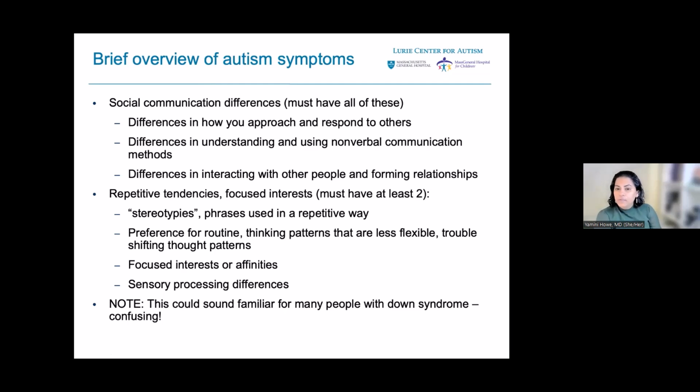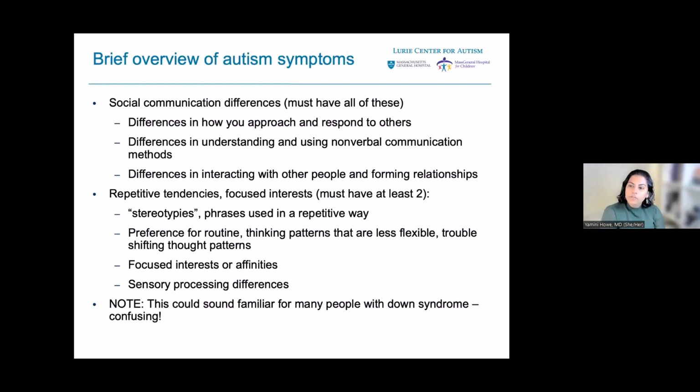Differences in interacting with other people and how you're able to make friendships for your developmental level. And all of these symptoms can, in general, be seen with people who have language disorders and intellectual disabilities, which is what can make this very confusing in different genetic syndromes, just like Down syndrome. And it's very important that you consider how these look differently for people who have both.